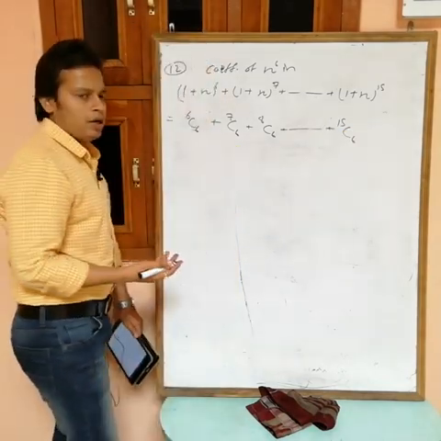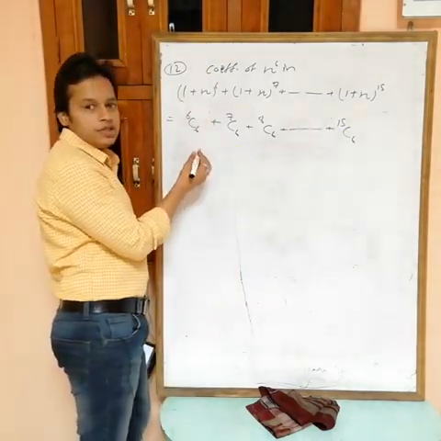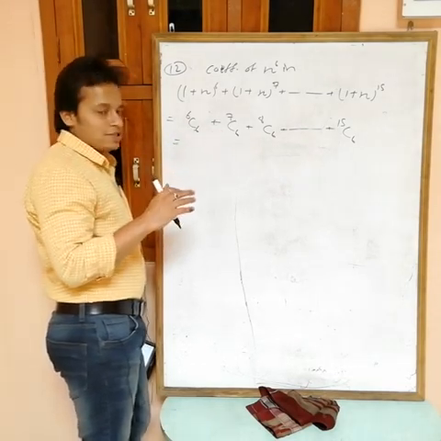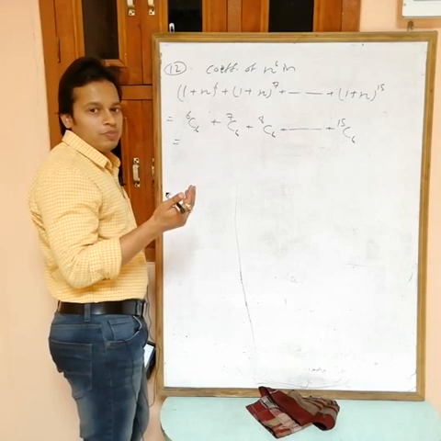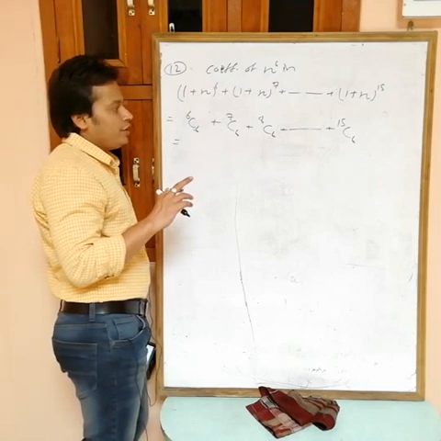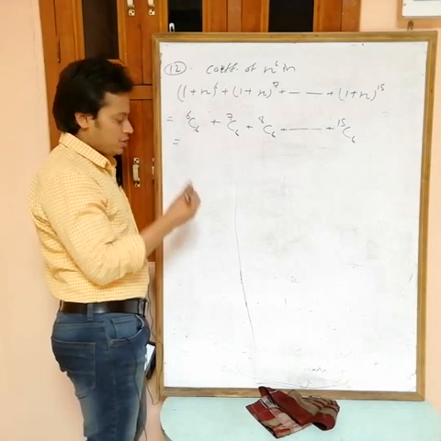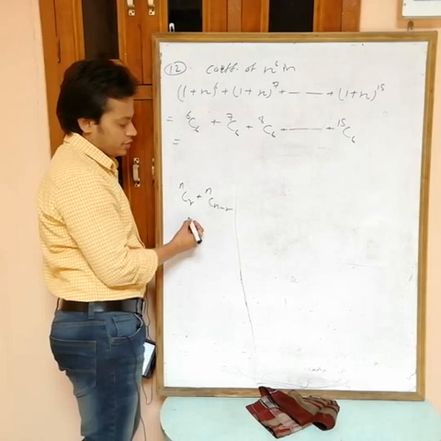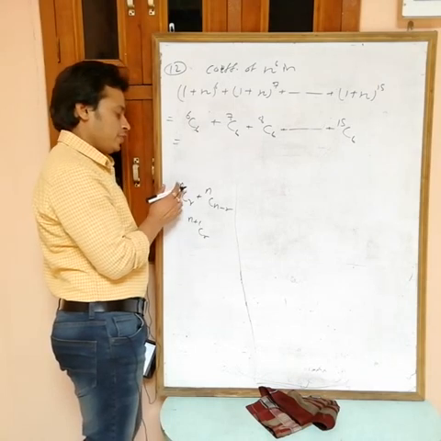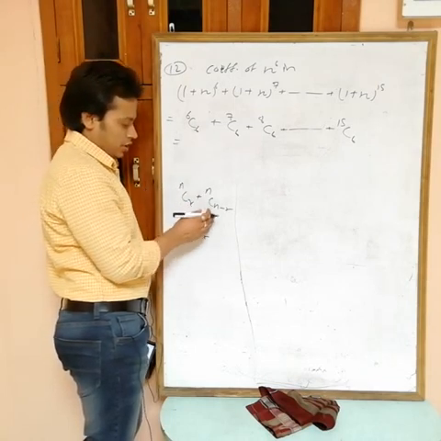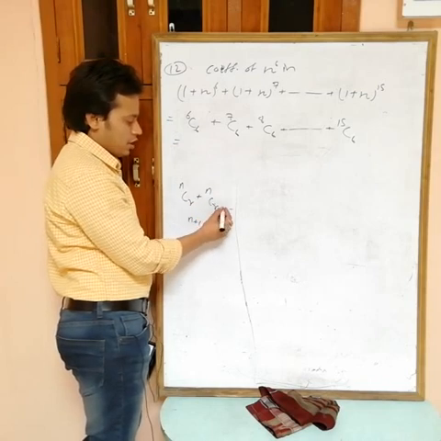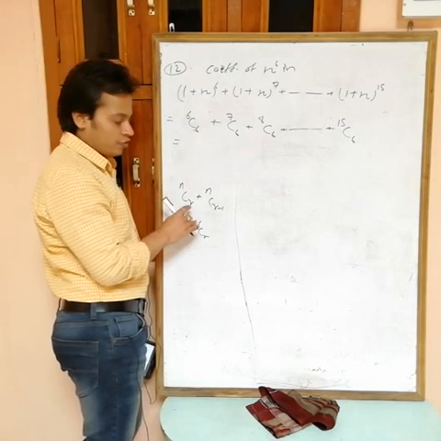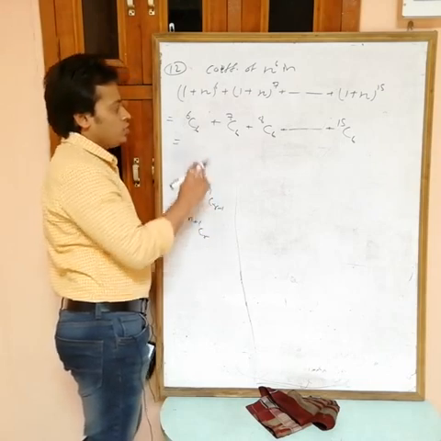Now we want to add these. Obviously the answer is 16C7. We know the formula nCr + nC(r − 1) = (n + 1)Cr. So to add any two binomial coefficients, we want the same n and a difference in r of exactly 1.